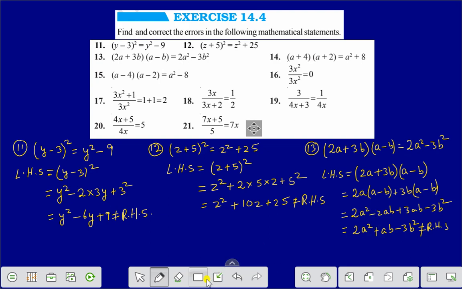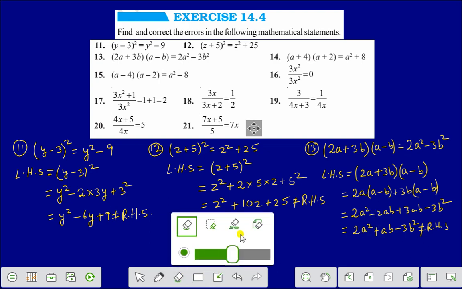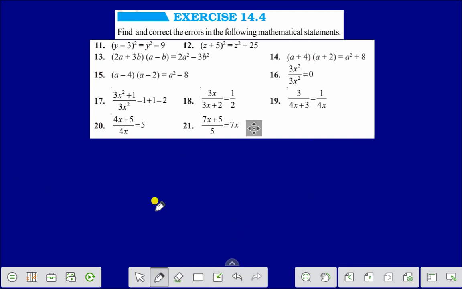Let's solve question number 14. Question number 14 is given as (a plus 4) into (a plus 2) is equal to a square plus 8.